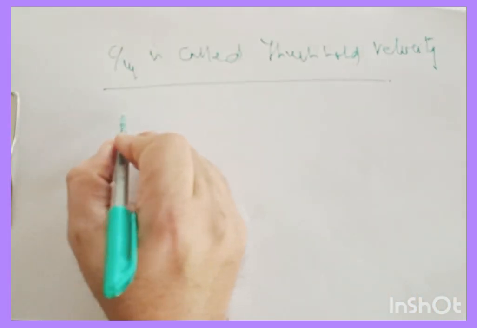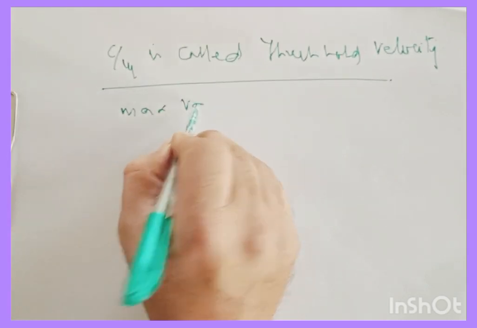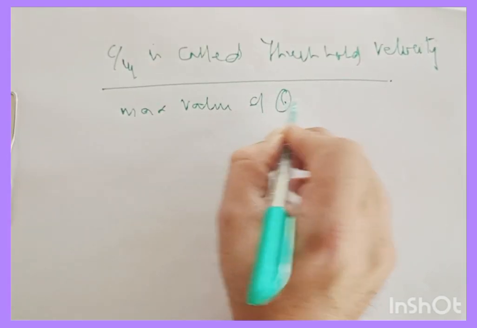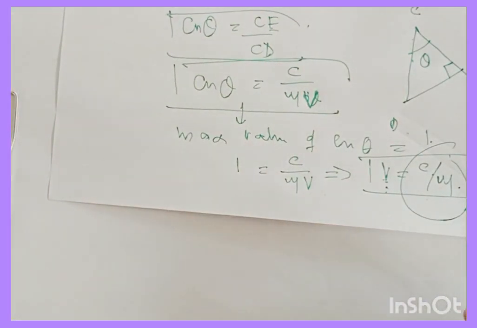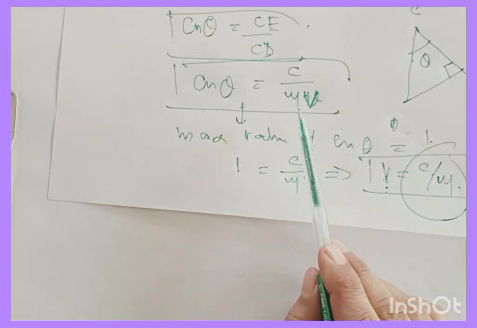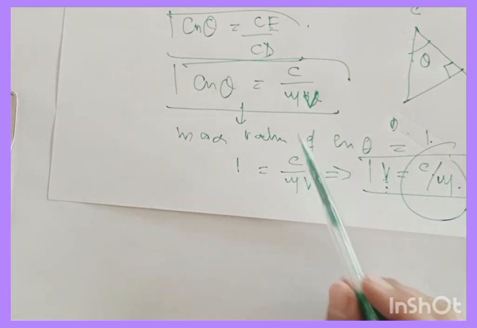Now for the maximum value of theta, what should be the case? For maximum value of theta, V, the velocity of the electron, should be equal to the velocity of light in vacuum.